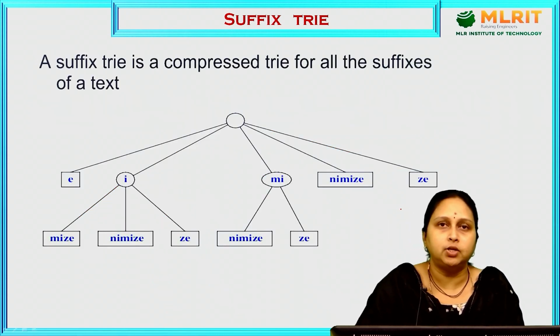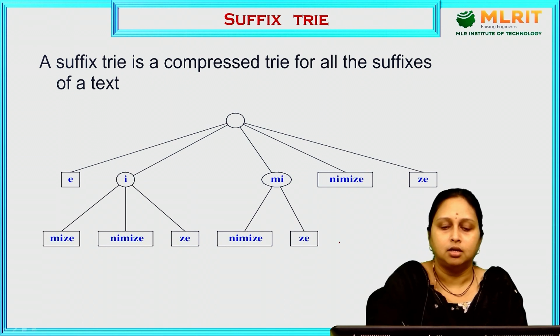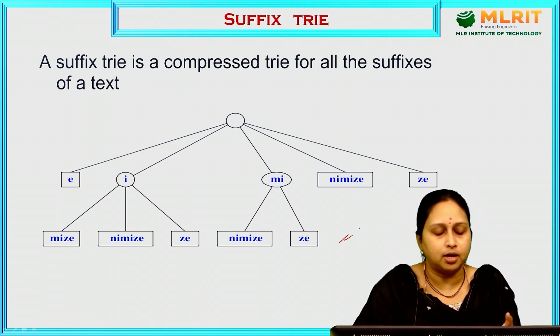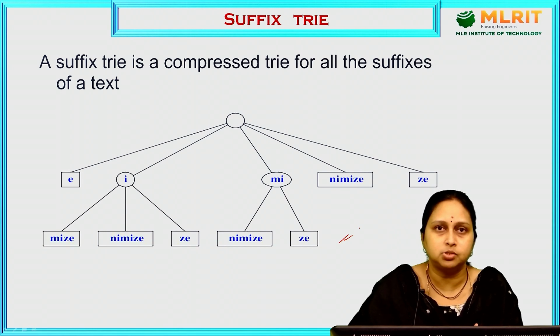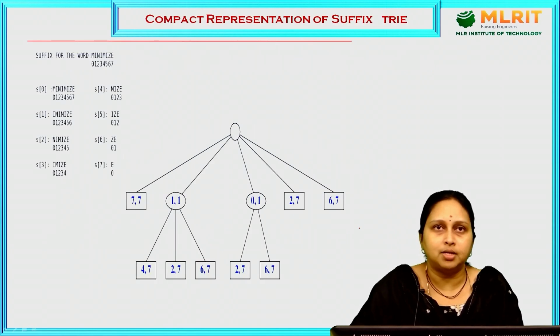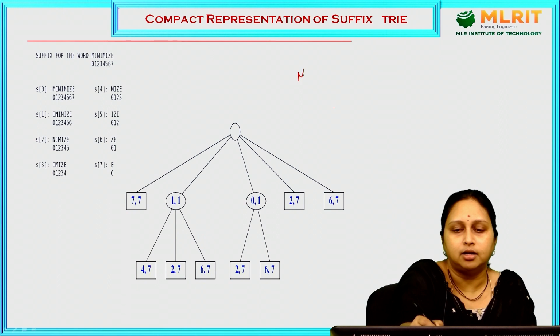Now after that we need to compress it. We have seen the representation, how you are going to compress it. You can look into this and compress what can be compressed, and you can have the compact representation of this. For easy understanding, I can write minimize, right?